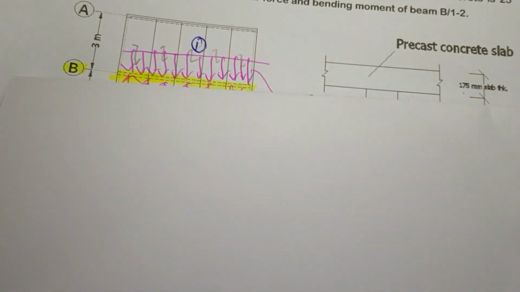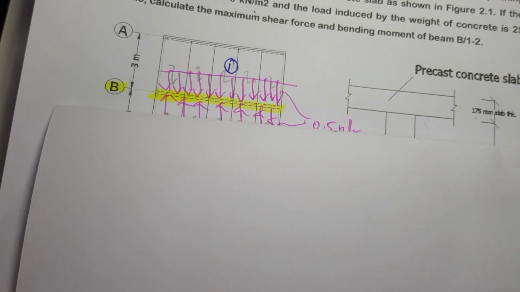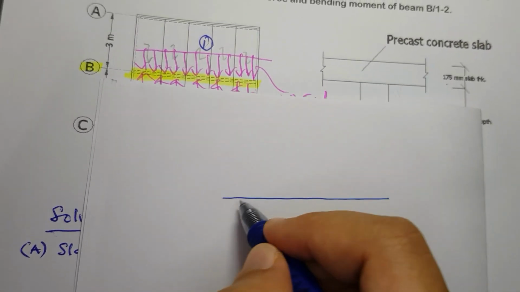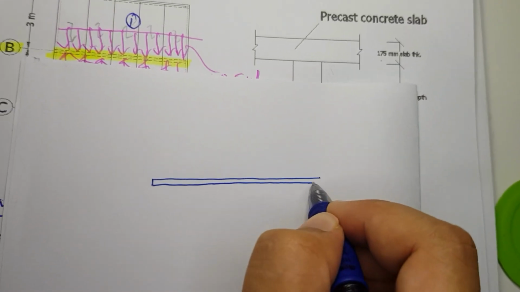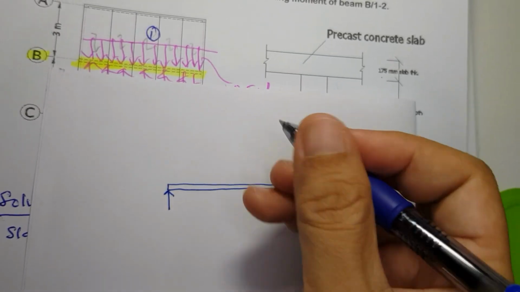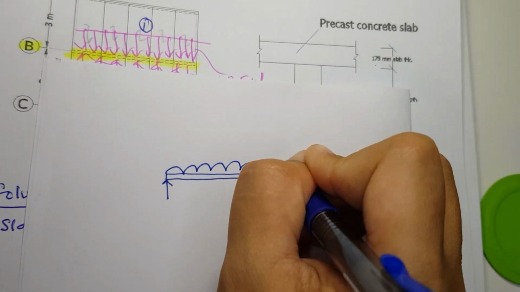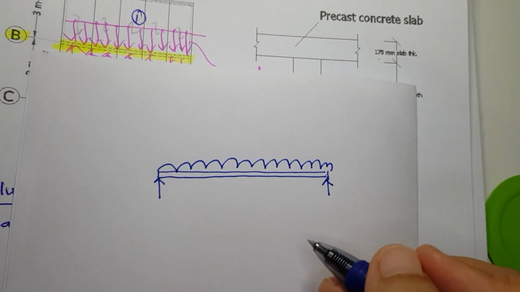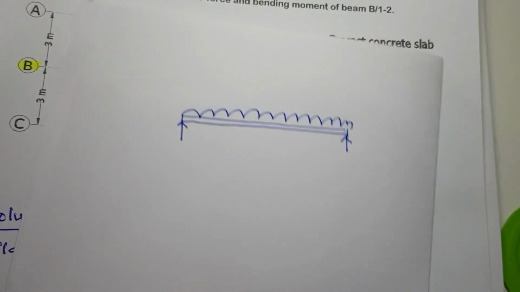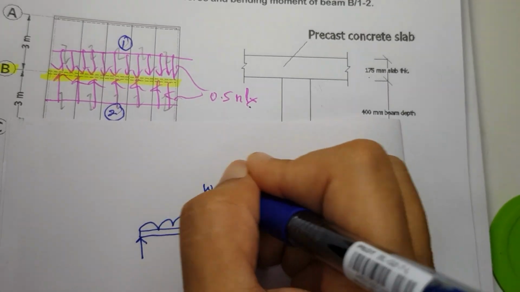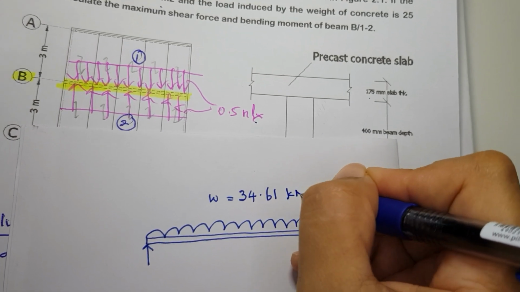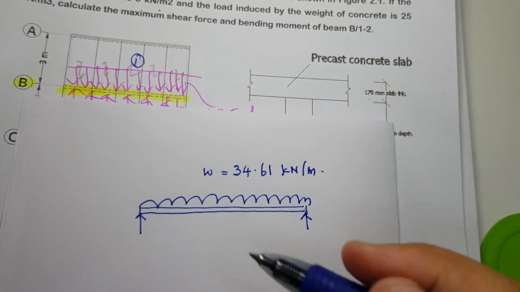Then, when we draw this, so this is our beam. This is the column support. And this is the load distribution. Our total ultimate load W is 34.61 kilonewton per meter.